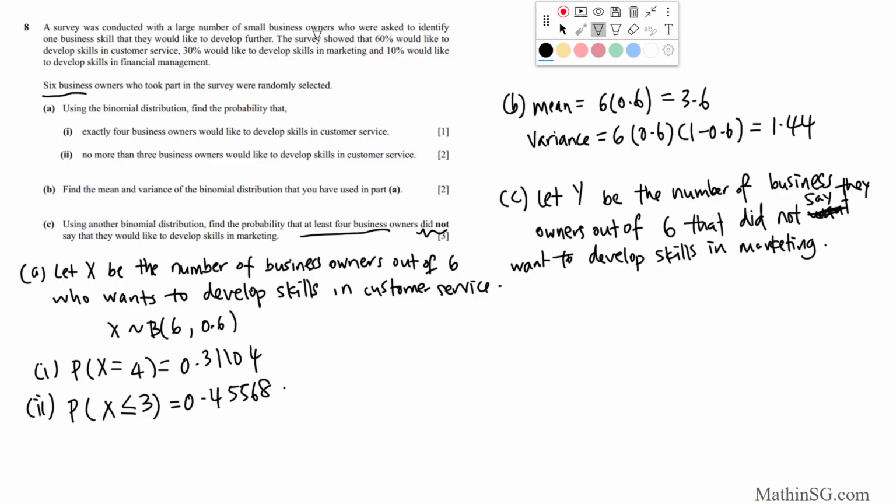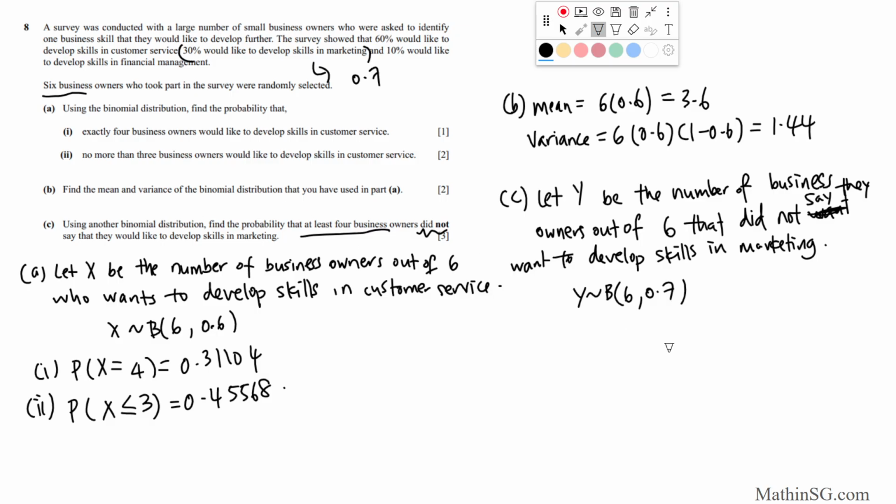Because 30% would like to develop skills in marketing, that means 0.7 or 70% did not say they want to develop skills in marketing. So my Y takes binomial distribution, n is 6, now my p is 0.7.